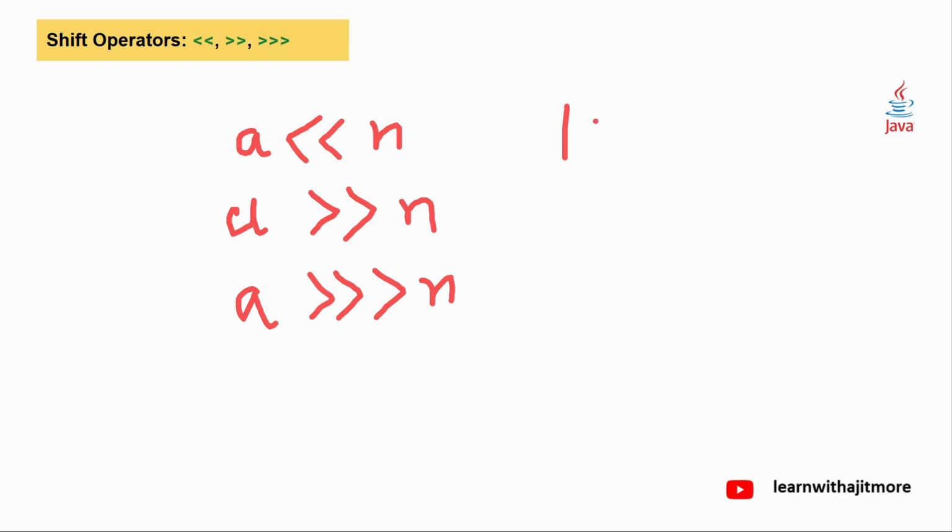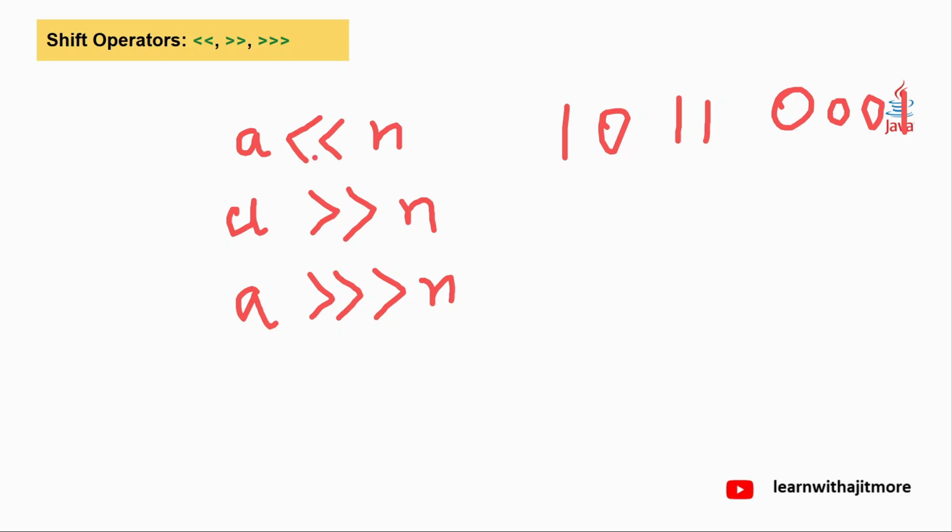Whatever the bit pattern is, 1, 0, 1, 1, 0, 0, 0, 1, this is the bit pattern of A. And then you are telling it to shift right side or left side n times. So these bits are getting shifted either left side or right side. Now, what is the difference between these two?